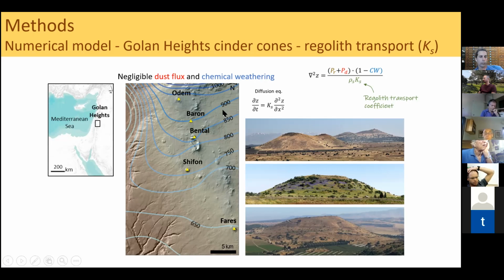Also, we expect not much chemical weathering because it's silicate and it's fresh, 100,000 year old minerals, so we expect that there wasn't much chemical weathering. Okay, so it allows us to isolate the environmental influence just on soil transport.